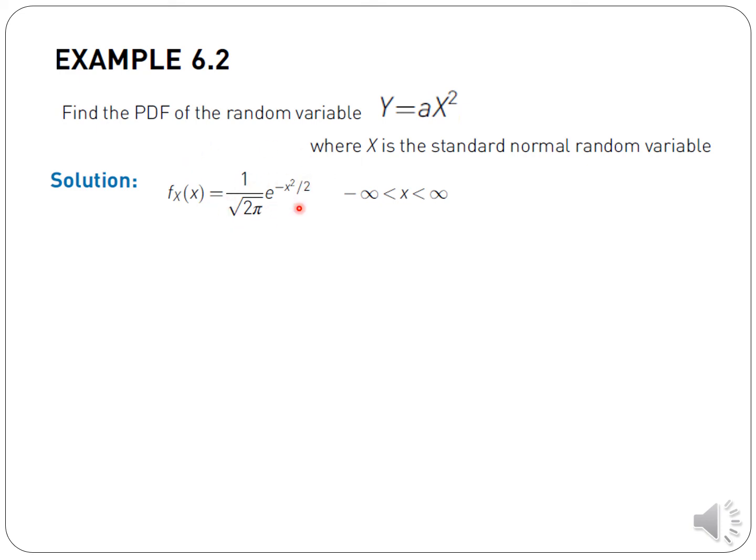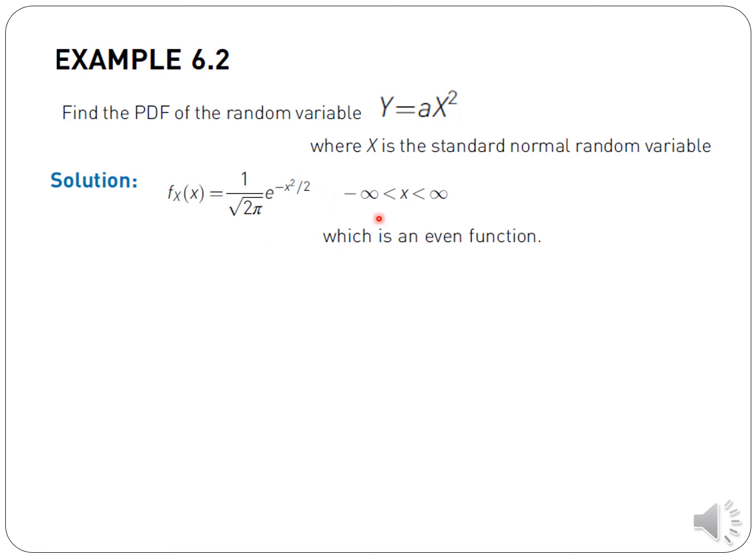When we put the values of sigma x and mu x, we get the function like this. If you don't recall what a standard normal variable is, I would suggest you pause the video here, go back to chapter 4 and have a look. So this is given. In your question you might be given this formula or this statement. Anyway, we get this for fx. Now this fx is basically an even function.